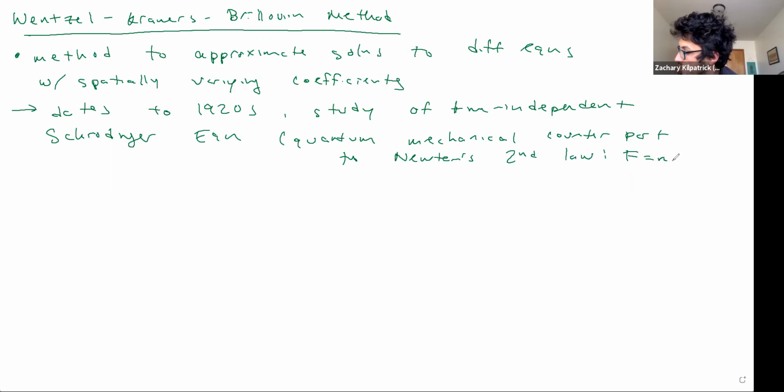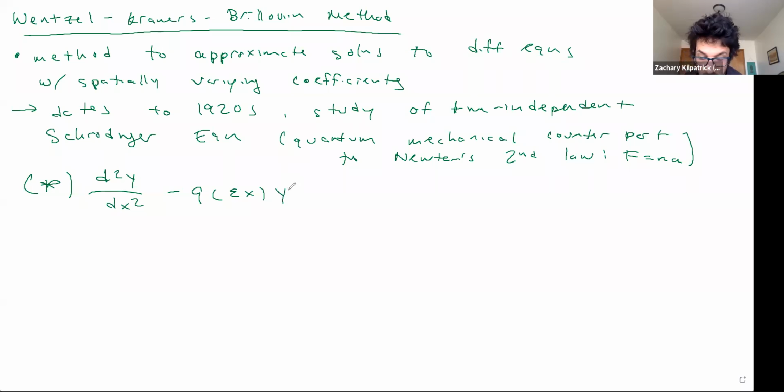So sort of like force equals mass times acceleration for quantum mechanics. And so it's a fairly harmless looking ordinary differential equation.